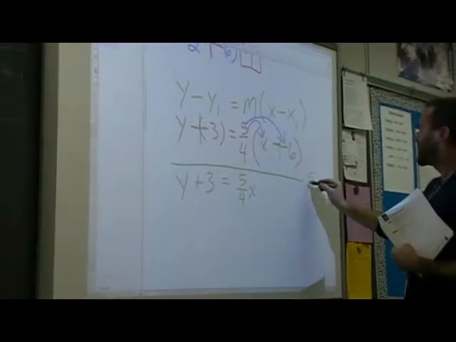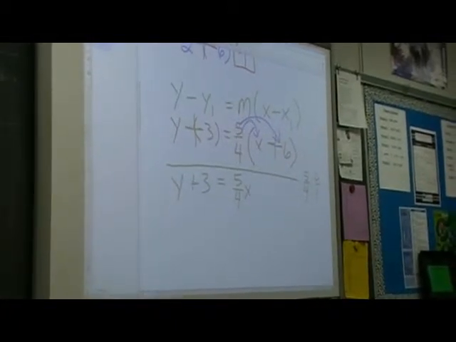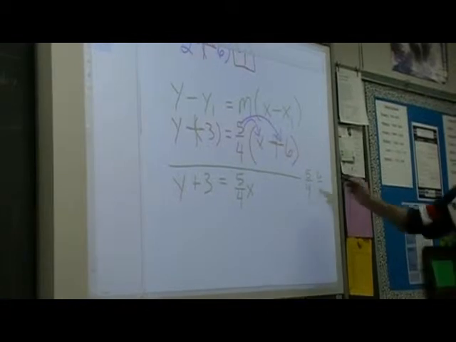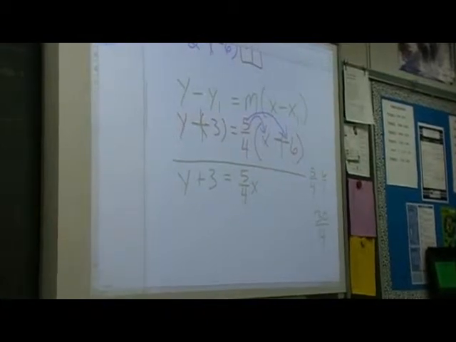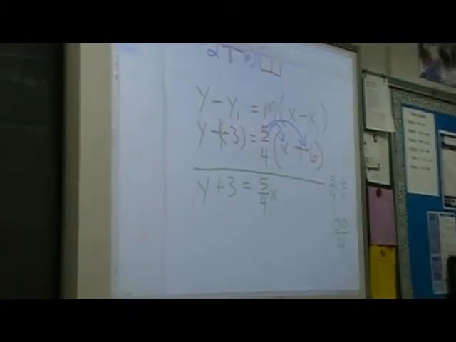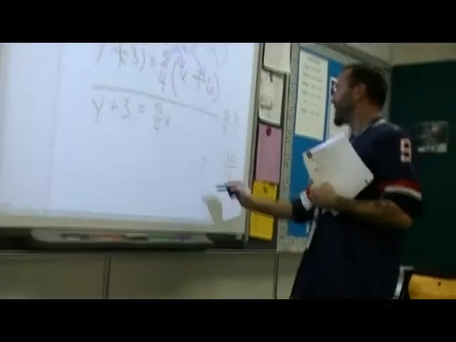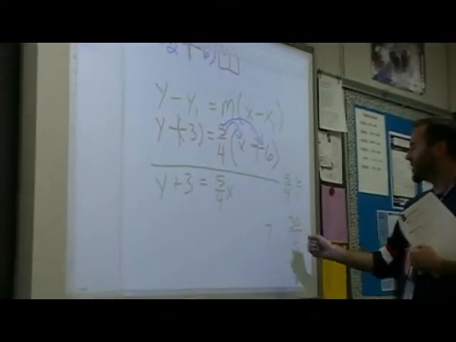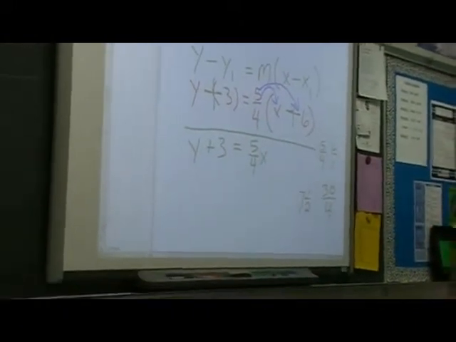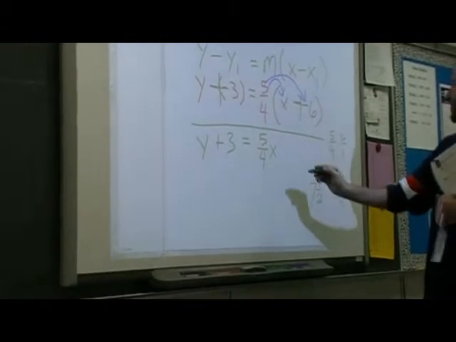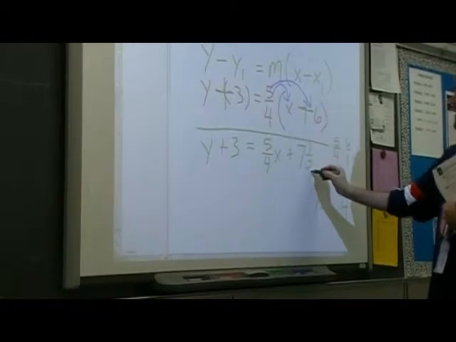If I take 5 over 4 times 6 over 1, which is how you write 6 as a fraction, I get 30 over 4. How many times does 4 go into 30? 7. 7 times 4 is 28. There's 2 left over, that'd be 2/4 or 1/2. So 5 over 4x, plus 7.5.